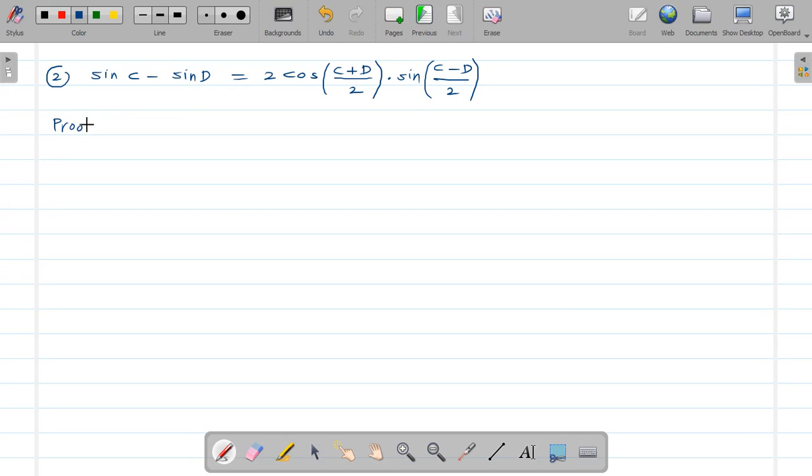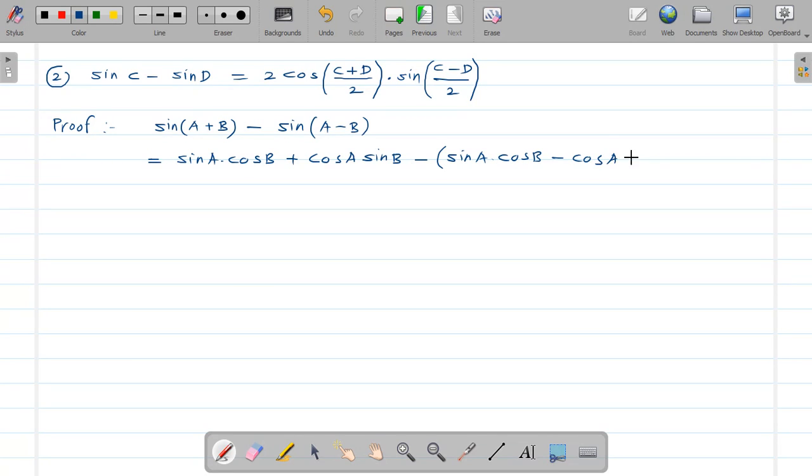Now to get this formula, take the subtraction between sin(a plus b) and sin(a minus b), that is sin(a plus b) minus sin(a minus b). Then what will you get? See here, sin(a plus b) means sin a into cos b plus cos a into sin b, minus, now take in bracket, sin(a minus b) is equal to sin a into cos b minus cos a into sin b.